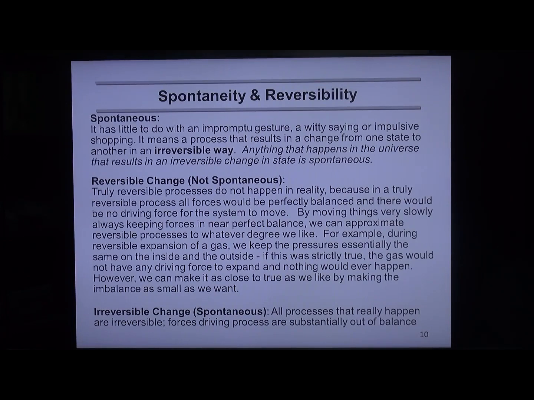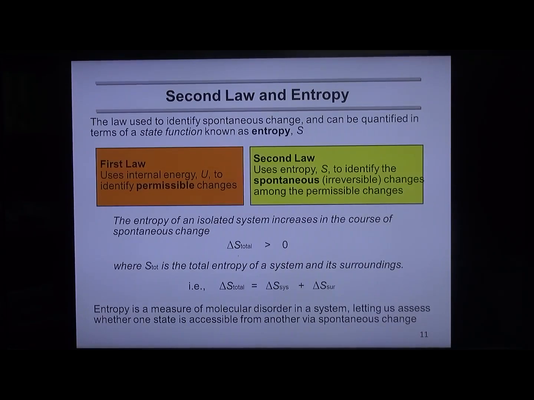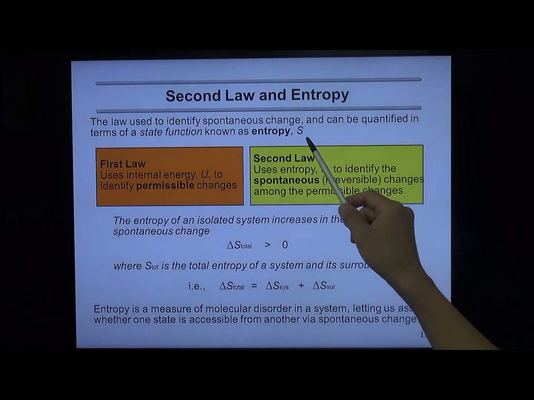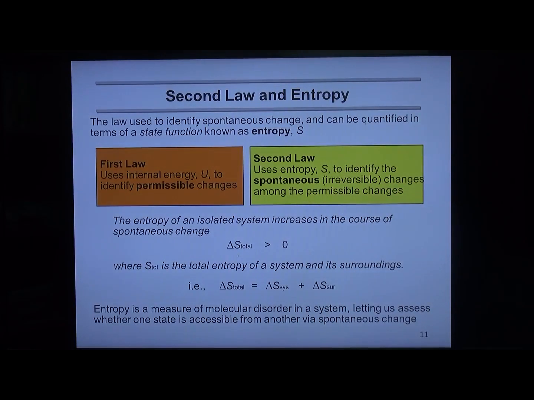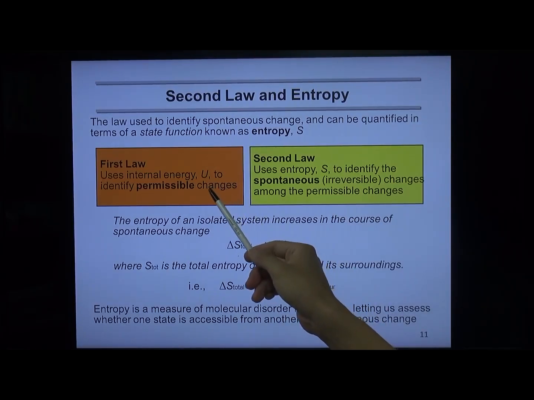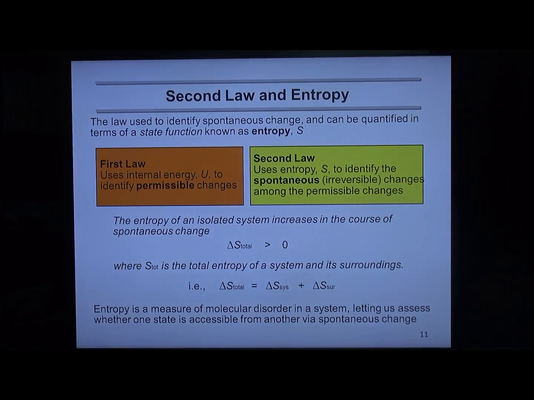All right. So we introduced a new state function called entropy to describe the degree of random or disorganized motion. And entropy is denoted as capital S. Okay. If you review, the first law says that internal energy is conserved for an isolated system. The second law basically shows us what changes are spontaneous.